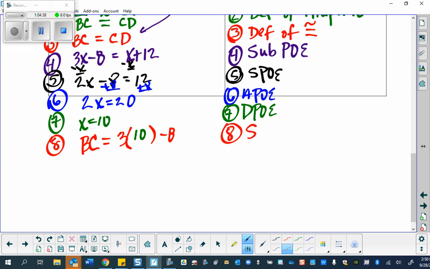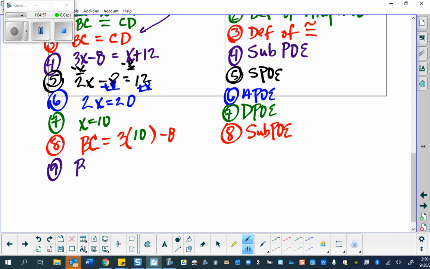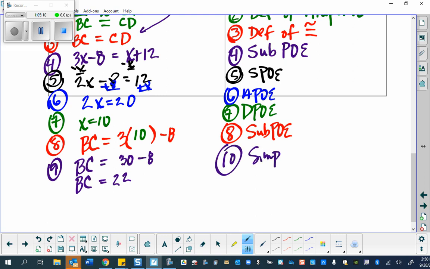I used the substitution property of equality, and instead of writing x, I wrote what x is equal to. We're so close, I can feel it. Ready? The distance from B to C is equal to 30 minus 8. The distance from B to C is equal to 22. That, my friends, is you using the order of operations and simplifying.